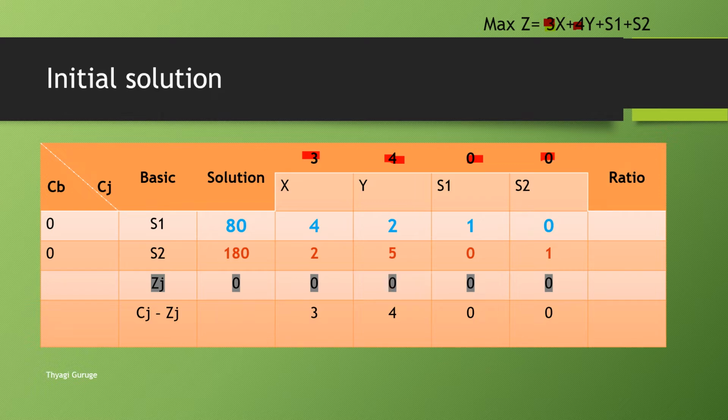The next thing is we are going to identify the constraints. In our first row, we are going to use the grinding capacity constraint. In the grinding capacity, we have 4x plus 2y plus S1 equals 80.